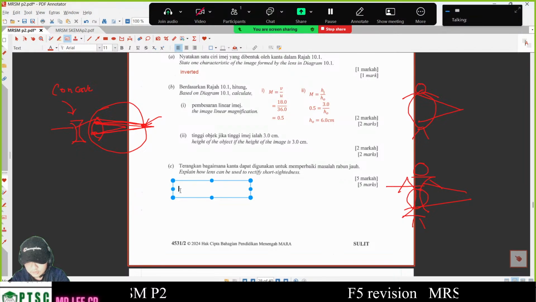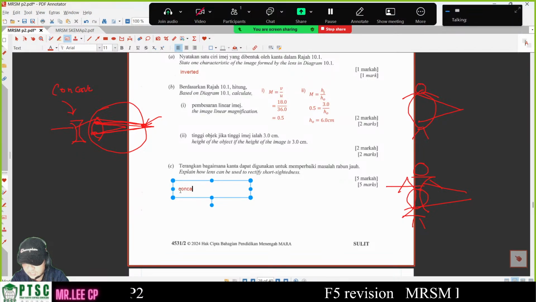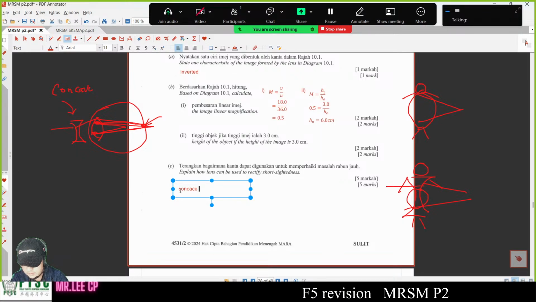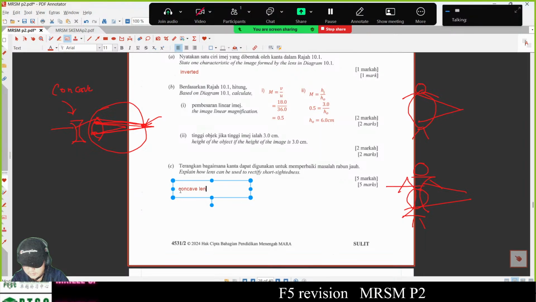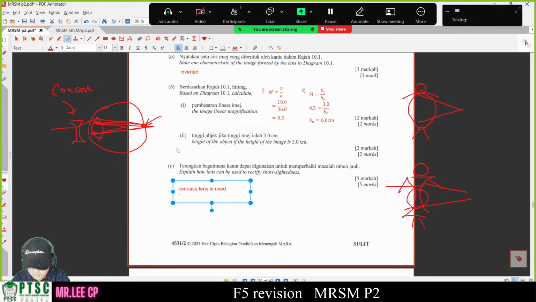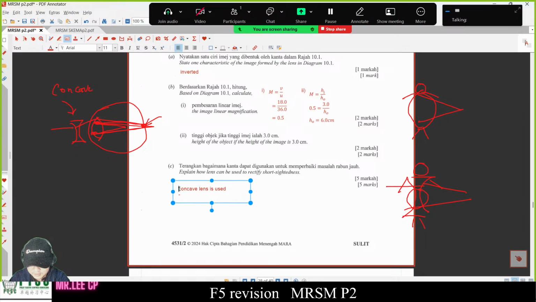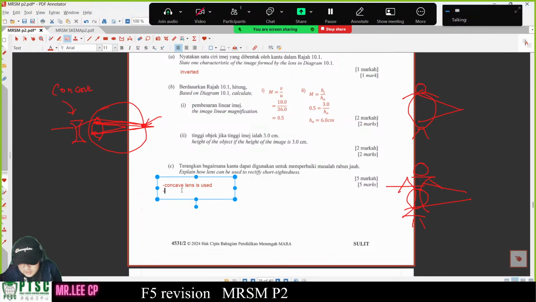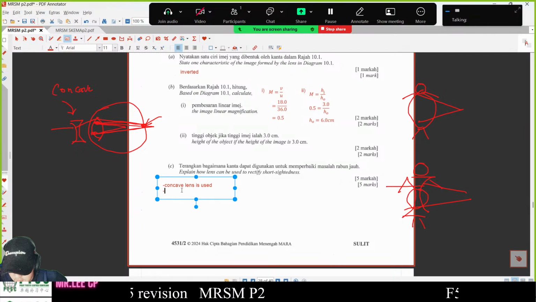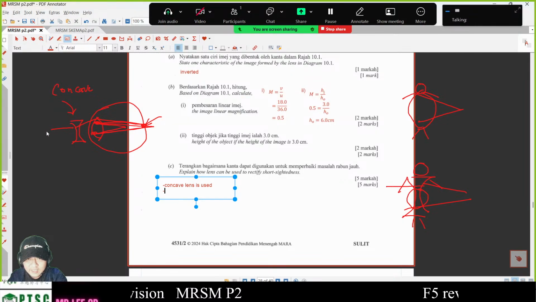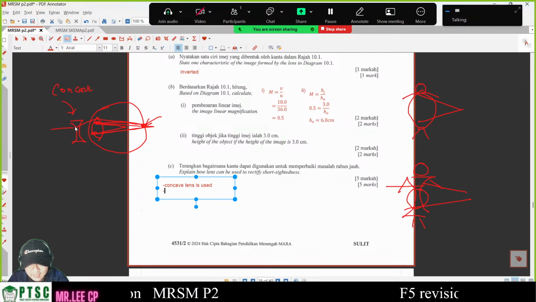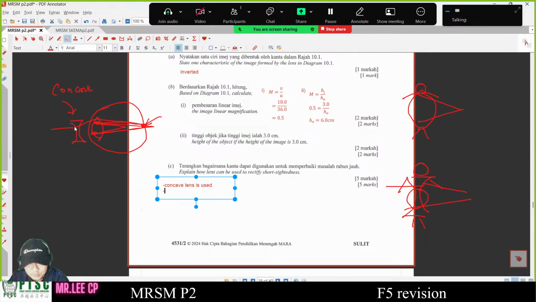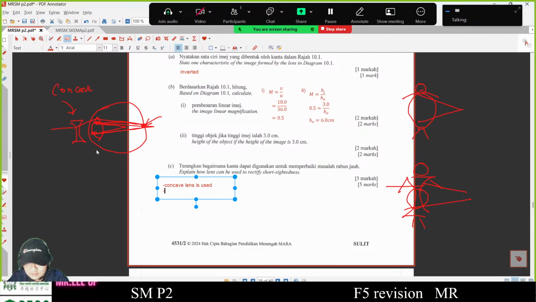So first of all, concave lens is used. Okay, 1 mark. 1 point. I don't know whether got mark or not. You can use point form, no worry. Concave lens is used. So when the light enters the lens, it will be diverged.